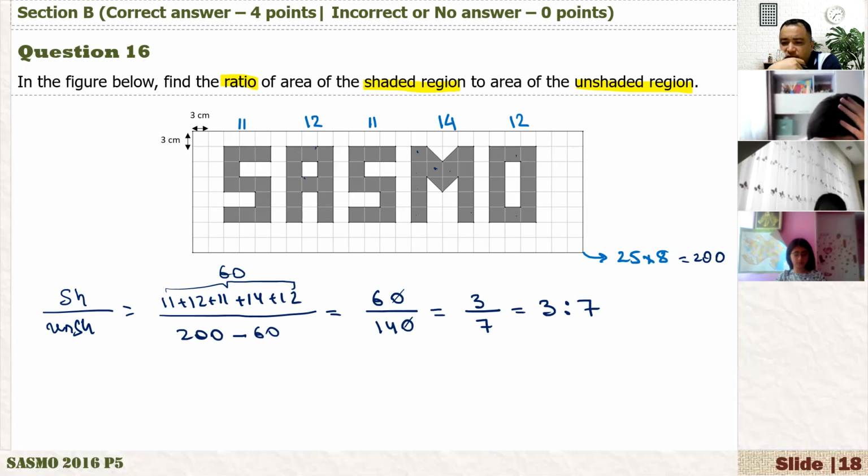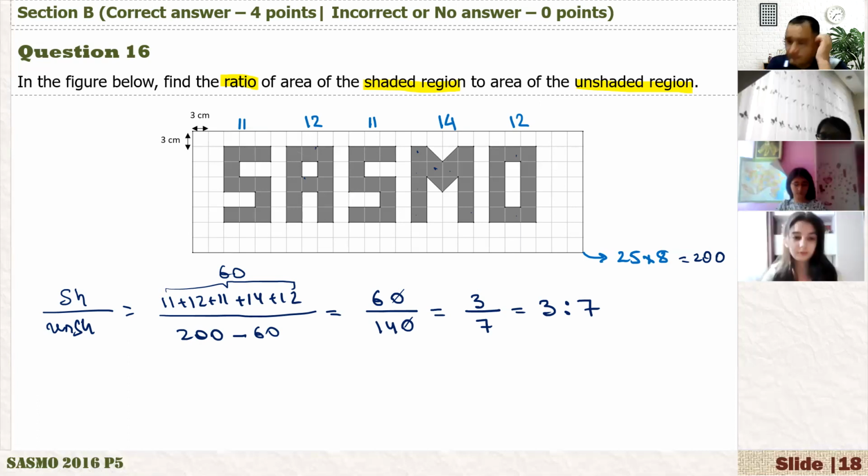Elmira, why did you get 27 over 25? How is it possible? It says shaded to unshaded. Let me explain. When you write 25 multiplied by 8, I think that it's the unshaded region. Okay, I didn't know that it's all together.